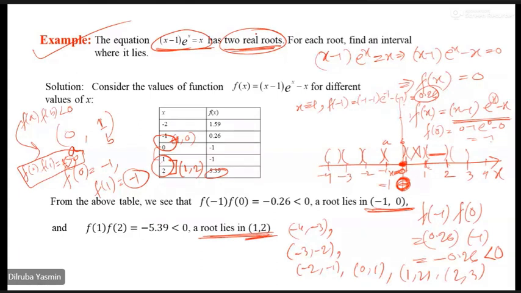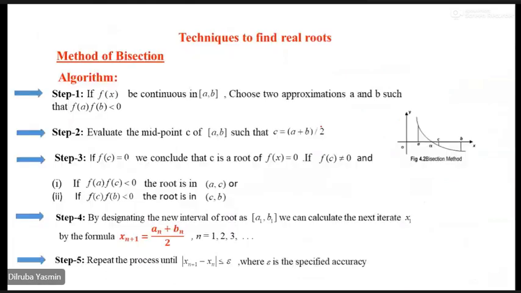By following this process, you only get the location of the real root. You don't get the real root exactly. You get only the region or location of the real root. So how do you find the real root?